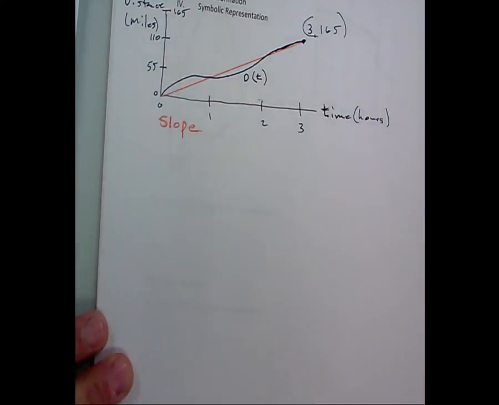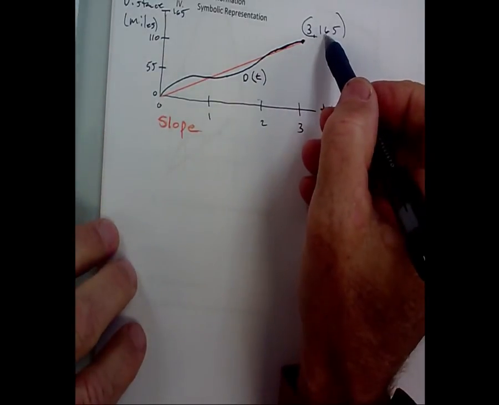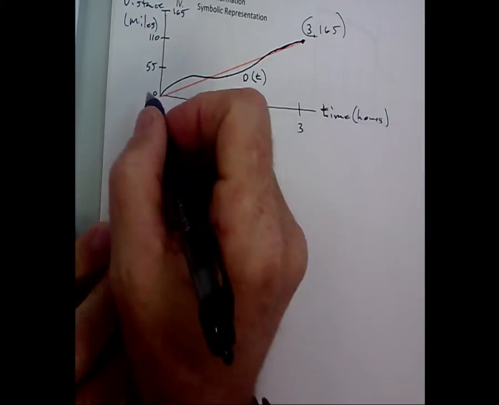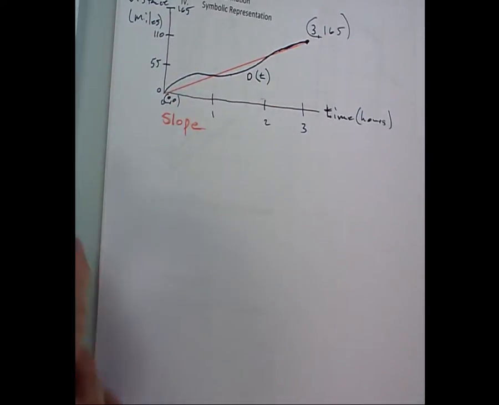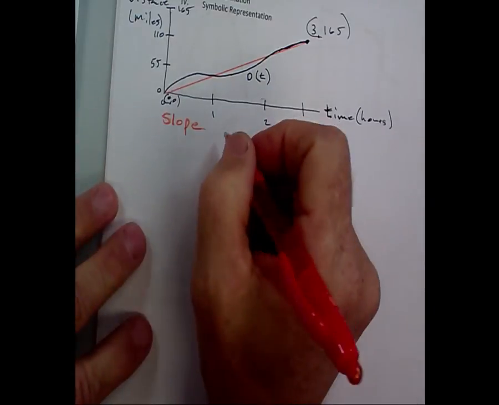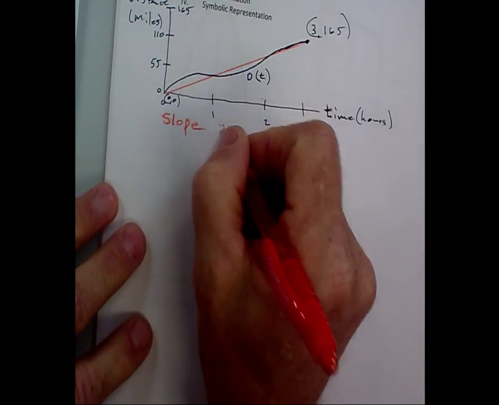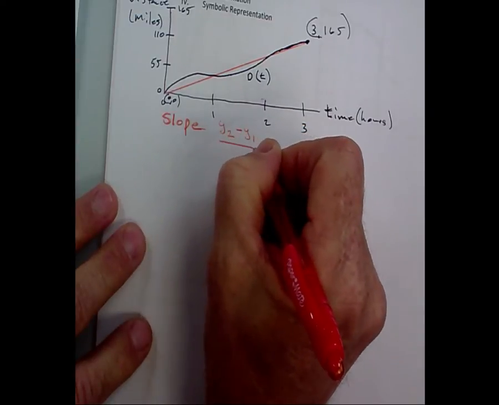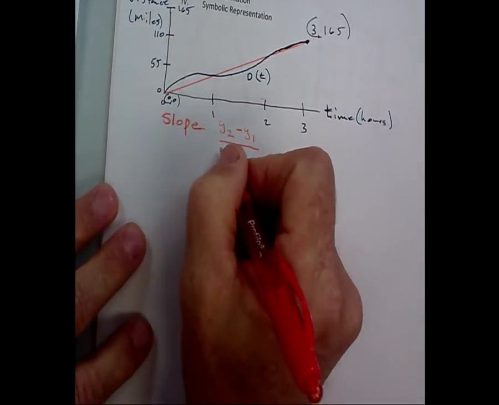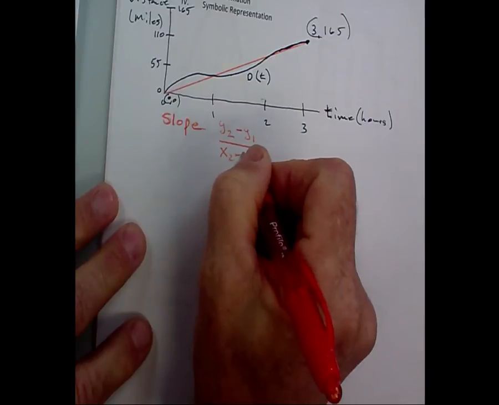And Ethan, how do you compute slope? I got points. In fact, I know this is 3, 165, and this point is 0, 0. So I got 2 points. The slope formula is y2 minus y1 over x2 minus x1.